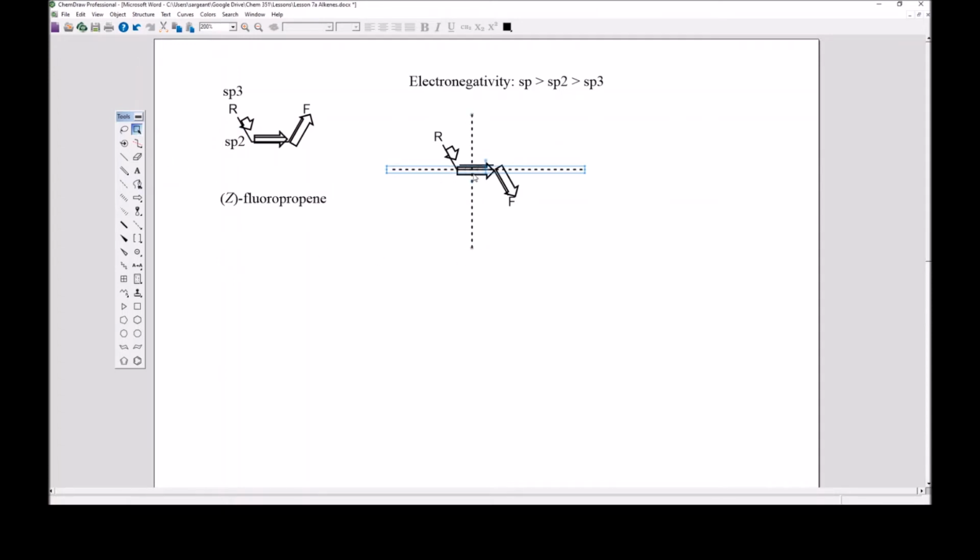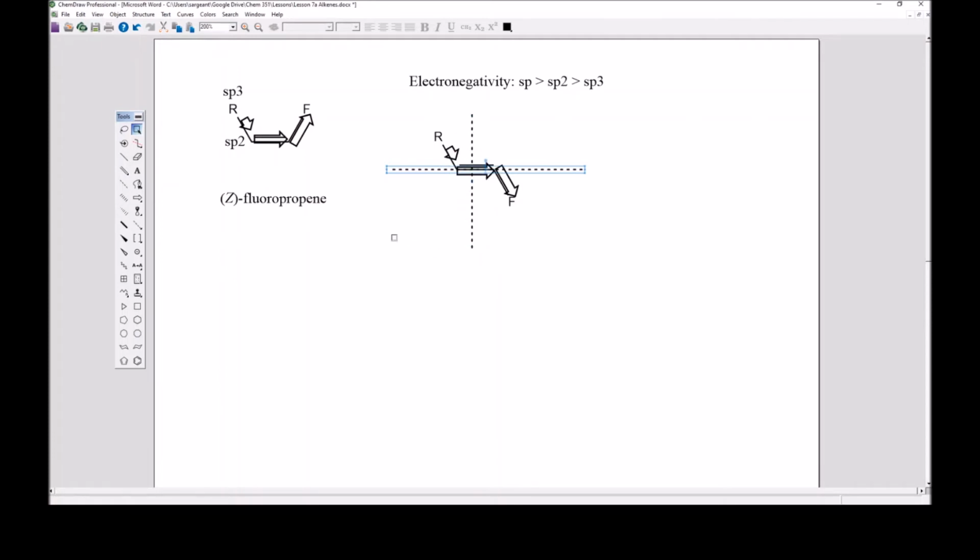What you'll notice is that these two groups, the R group and the fluorine, are working together along both axes. In other words, both of them are pushing more or less to the right. Okay? So along this parallel axis, they are working together. And both of them are working together along the vertical axis. They're both pushing down.